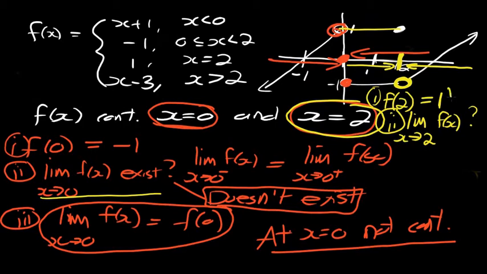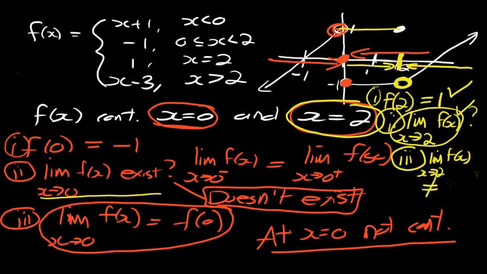So the first test for continuity is satisfied, the second is satisfied, but the problem is with the third test: the limit of f(x) as x approaches 2 is not equal to f(2).